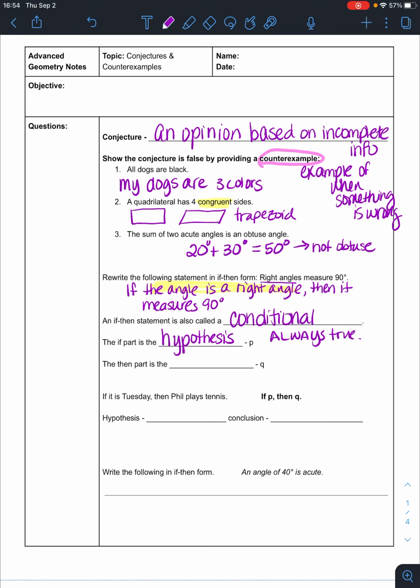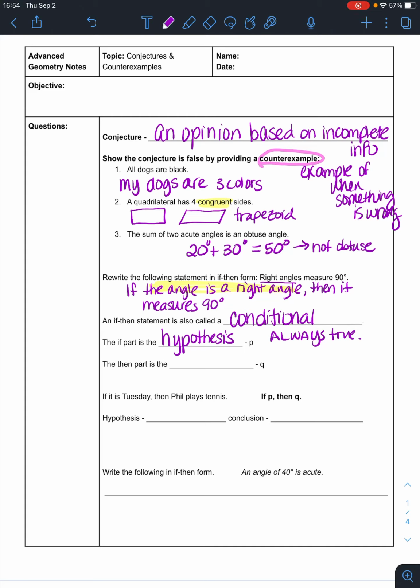And we do the same thing in science, right? When you do a science experiment, you have a hypothesis and you're assuming that your hypothesis is true, and then you're going to try to come to a conclusion to decide whether your conclusion is true. So you made a statement in the beginning, an educated guess with a hypothesis, and then you're deciding whether you come to the right conclusion or not.